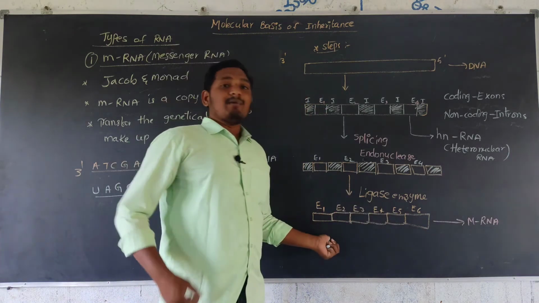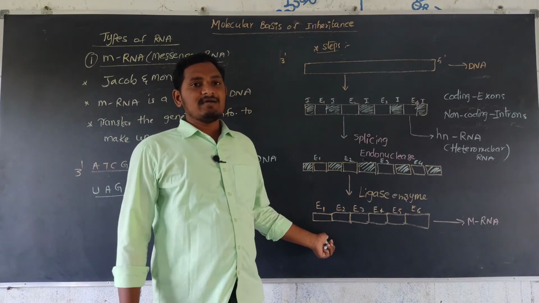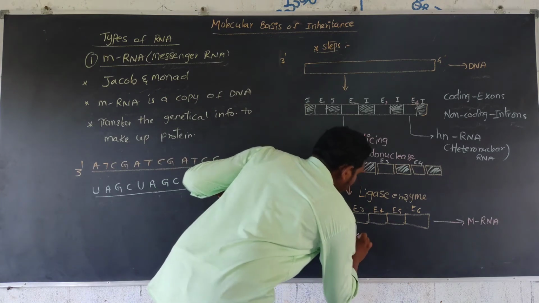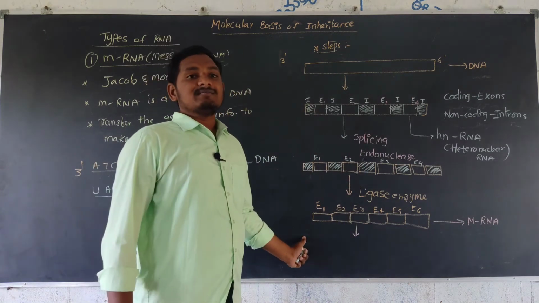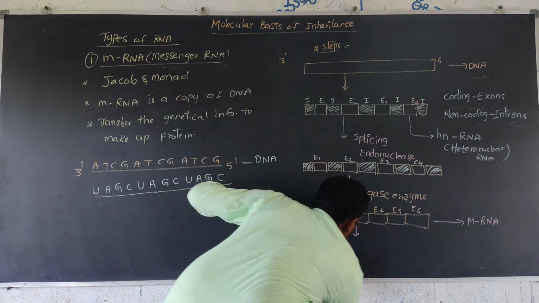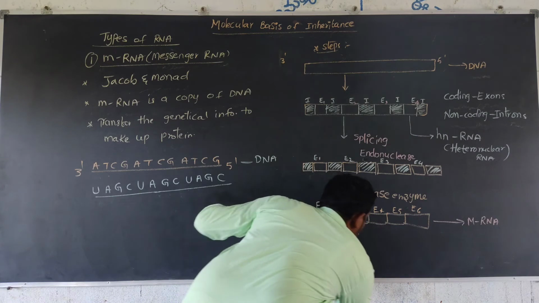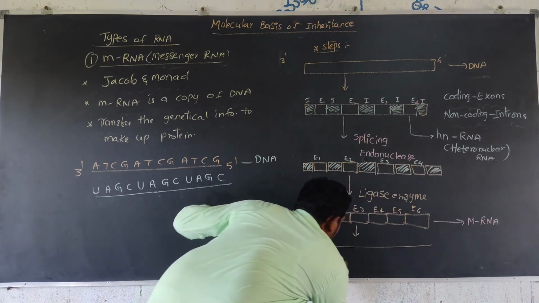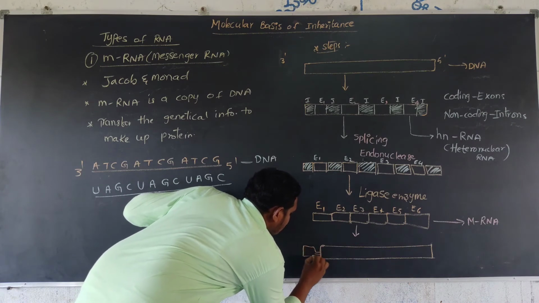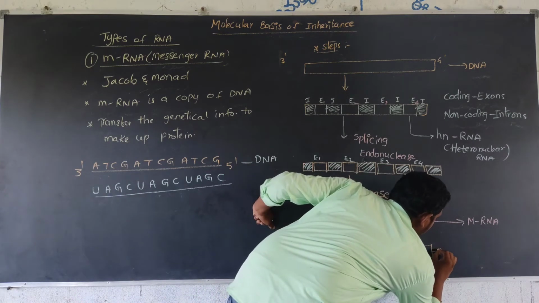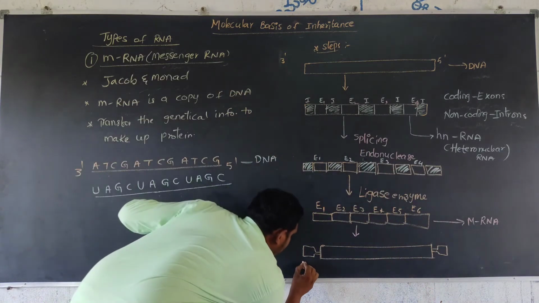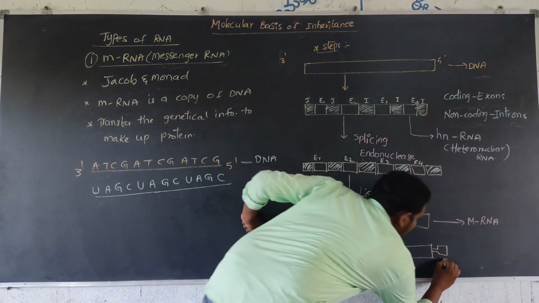Up to here this mRNA is not stable. Then this mRNA is followed by one cap and one tail. This is the cap, this is the tail.